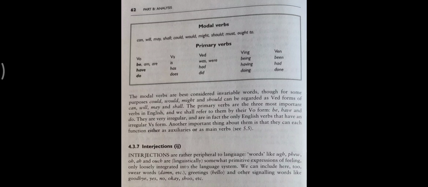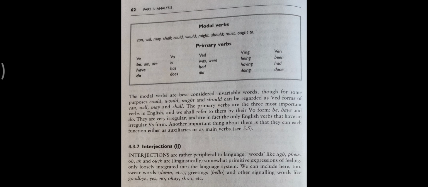At the same time, as we have discussed in the verbs, the same may be applied to the primary verbs, which we find as verb base form V0, VS the s form, VED its past form, VING progressive, and VEN past participle.